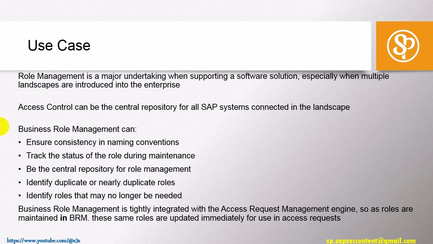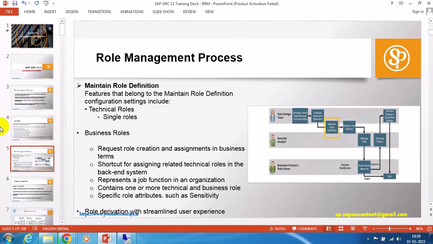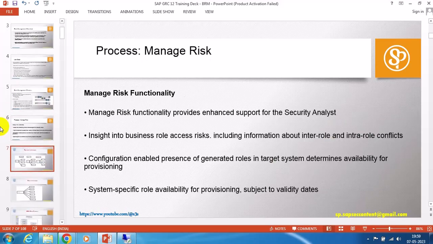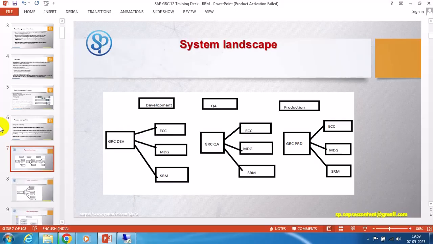So we discussed, probably one minute to understand better. I have a slide for you like this. So we have an ECC, MDG, SRM system. Different systems. Each system is a different landscape.